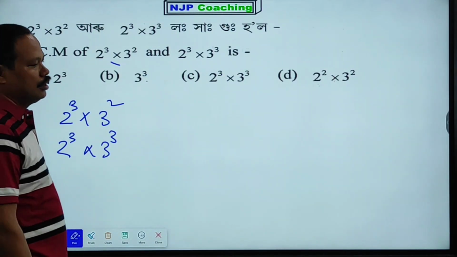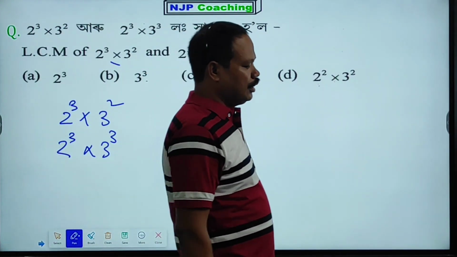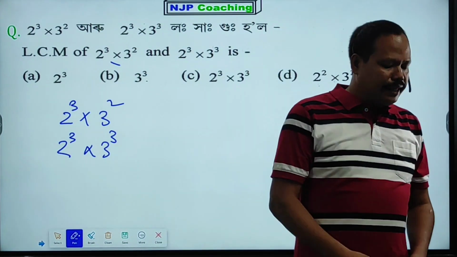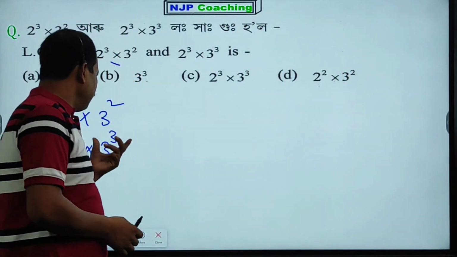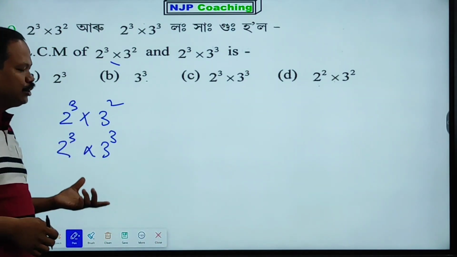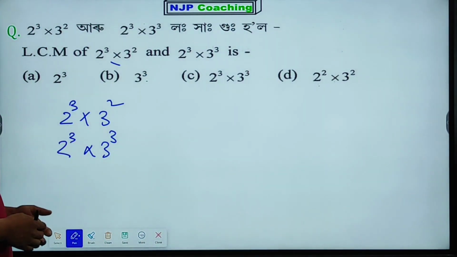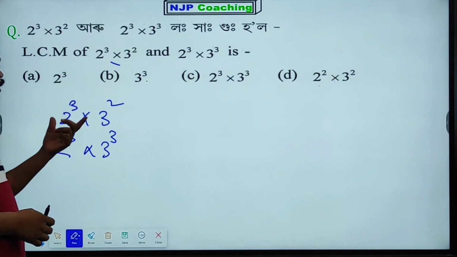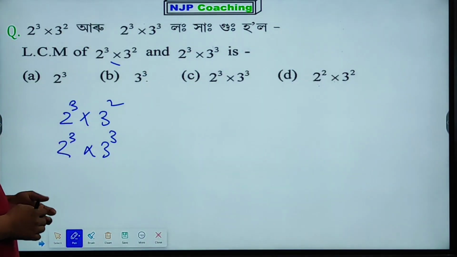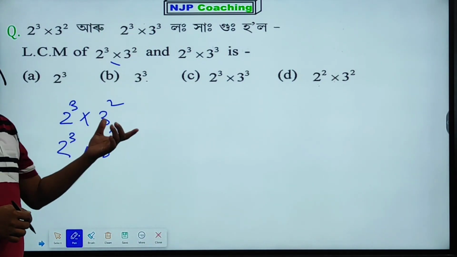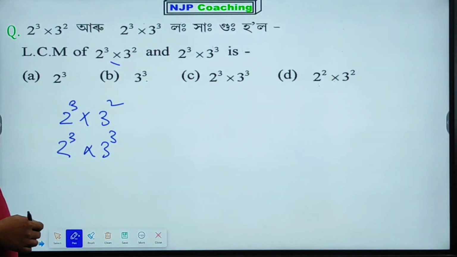When we have to find the HCF of these types of numbers, we take the common factors with the lowest power. And to find the LCM, we take all the factors with the highest power.